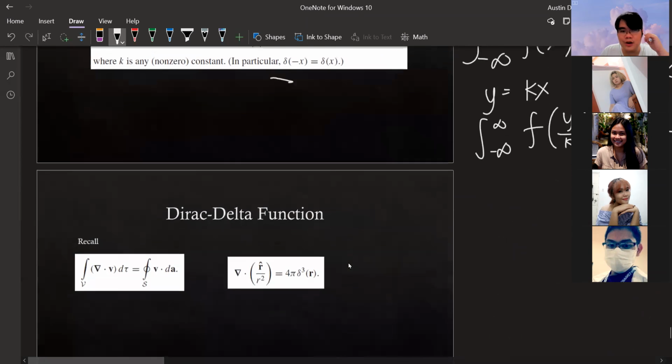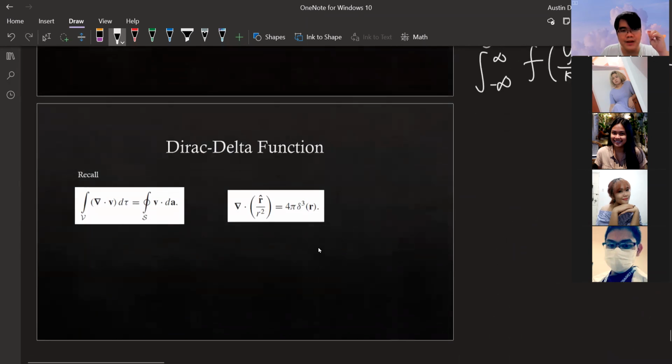Now, let's go back to our original problem. Now that we can have this guy, the divergence of r hat over r squared is just 4 pi Dirac delta in three-dimensional Dirac delta ang tawag dito. We plug in that. So, over some volume, and then I'll plug in this. Ito lang din yun, di ba? Yung kanina sinasolve natin. Let's try that if we can resolve the problem actually.